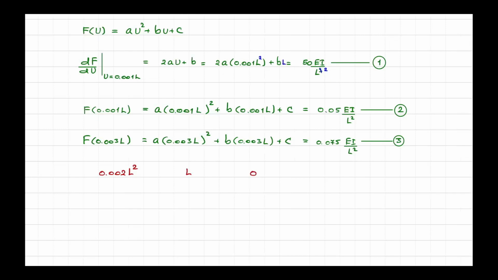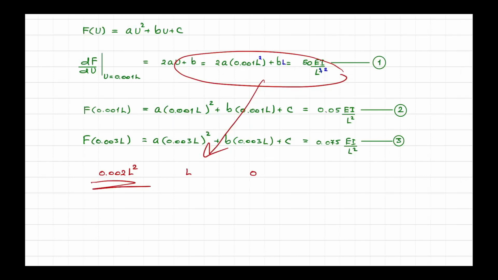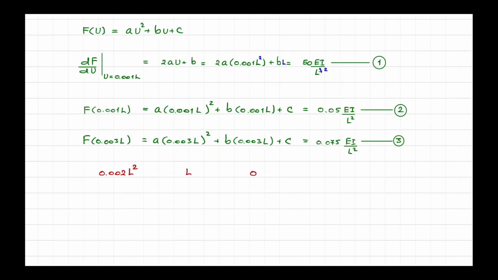This is taken from here. For a it is 0.002, for b it is 1L, for c it is 0. Second equation, for a it is 0.001L, the whole thing square. For b it is 0.001L. For c it is equal to 1.